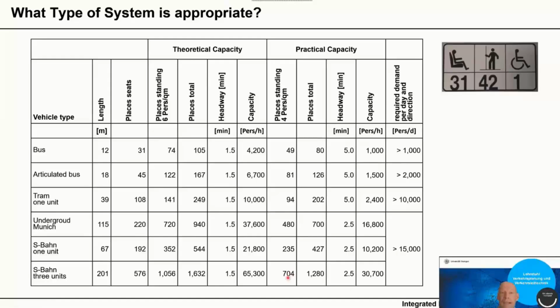Then the value is, of course, somewhat smaller, but still much larger than what you can do with the car. Now, the question is, when do we switch from bus to tram to a heavy rail system like an underground or an S-Bahn?